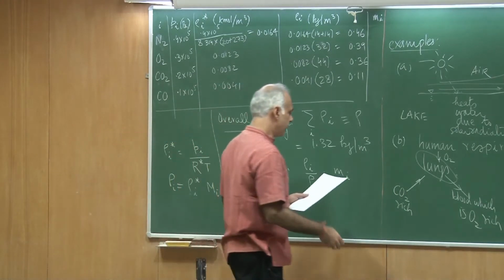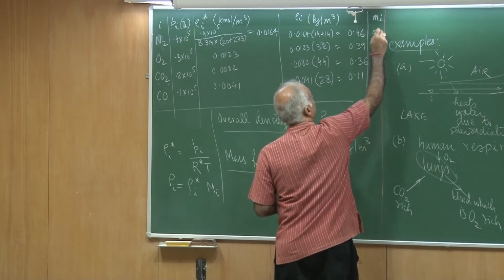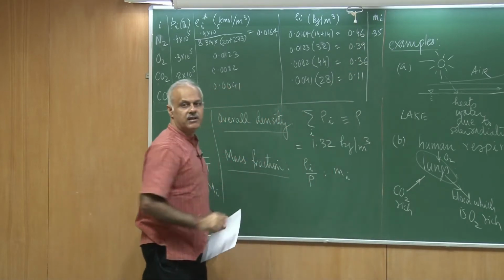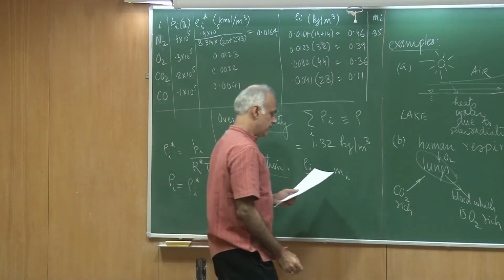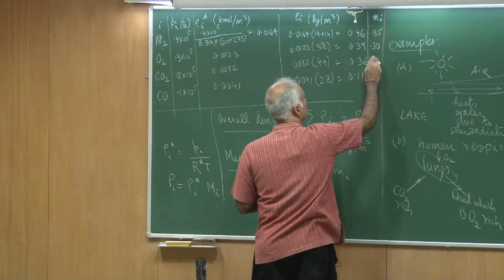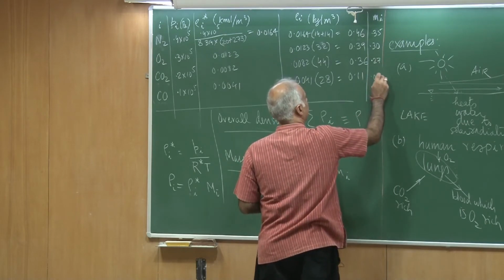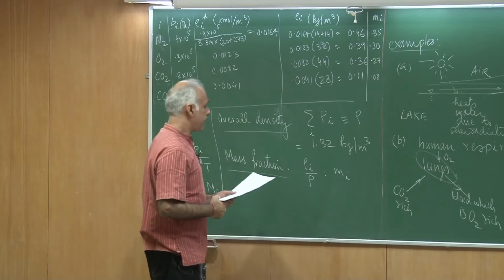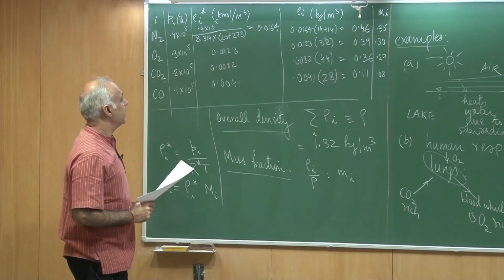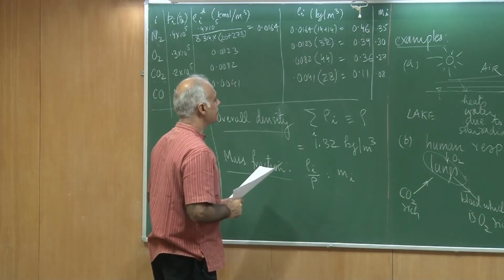So let me give you these numbers. This would turn out to be 0.35, and I have obtained this by doing 0.46 divided by 1.32. Okay, so that's the mass fraction. This would turn out to be 0.30, this would be 0.27, and this is 0.08. Okay. Notice they are quite different than the other numbers that we got for this case. Okay.